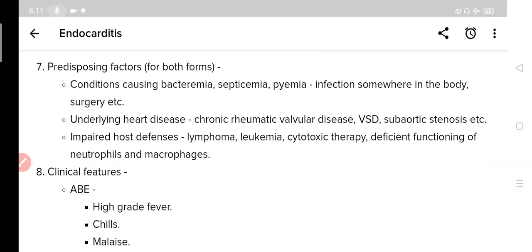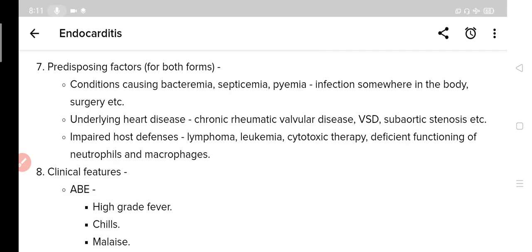Pyemia is also the presence of bacteria in the blood, but they are pus forming bacteria. If pus forming bacteria are flowing with the blood, obviously they will lodge in some organs of the body, and they will form pus at multiple spots in the body. So if a person has bacteremia, septicemia or pyemia, then he has increased chances of having bacterial endocarditis.